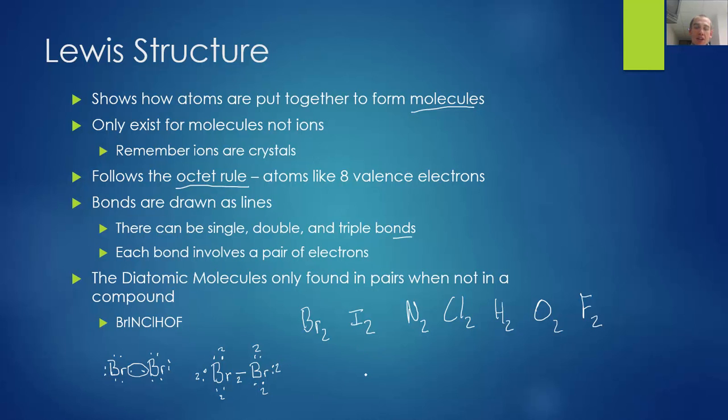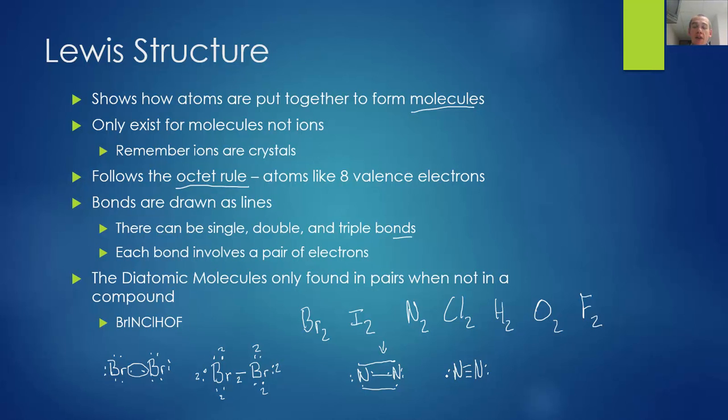So what about something like nitrogen? Nitrogen has 5 valence electrons. If I look at that, I see 3 open spots on a nitrogen, and so I'm going to draw this Lewis structure a little bit different because there's 1 bond, 2 bonds, and 3 bonds. And this is the sketch to help us actually come up with the actual Lewis structure, which looks like this: 2 nitrogens, and this is a triple bond.